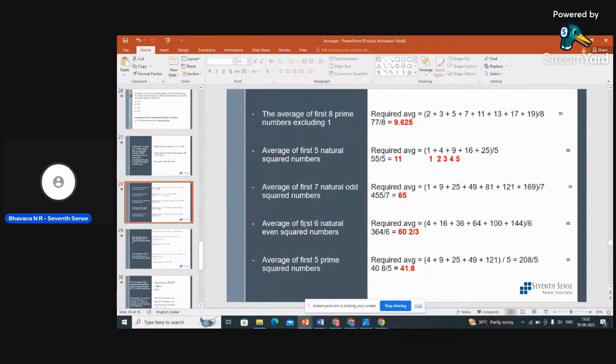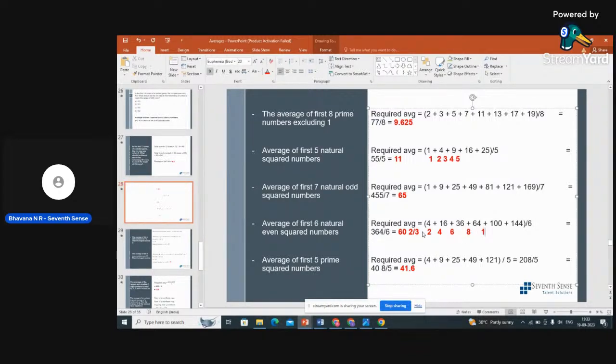Next, the average of the first six natural even numbers, squared. So the first six even numbers are 2, 4, 6, 8, and 10, and then 12.